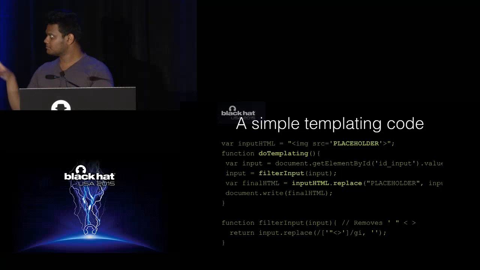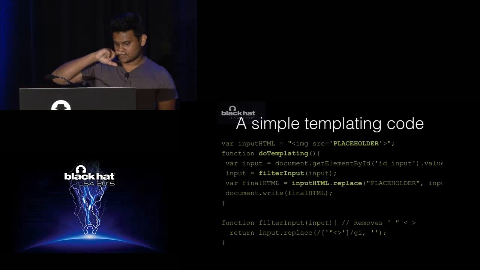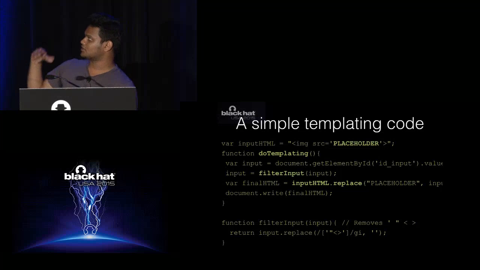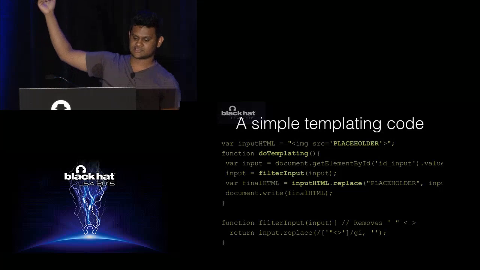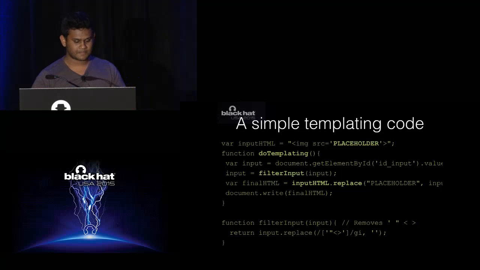So here's a simple templating code which I'm going to talk about. Assume for the sake of this demo that the actual input HTML is the first line with the placeholder, which is the templating directive here. As a templating engine, this doTemplating is going to replace whenever I say placeholder with a certain value.